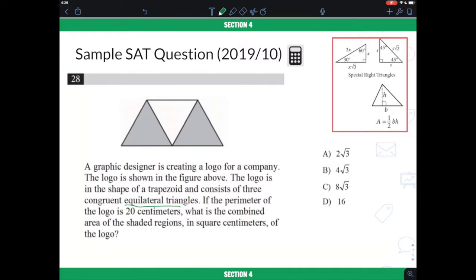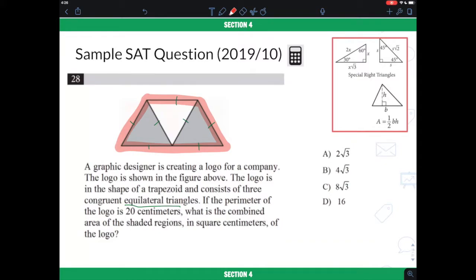So now to help us visualize this diagram better, I'm going to do this, just to show that all sides are the same. And if the perimeter is 20 centimeters, that means all the sides right here would add up to 20. So that's very important.